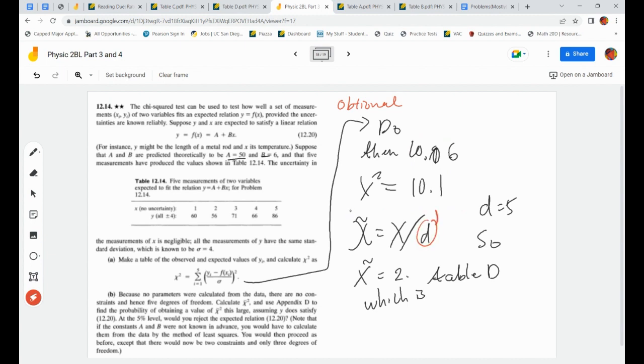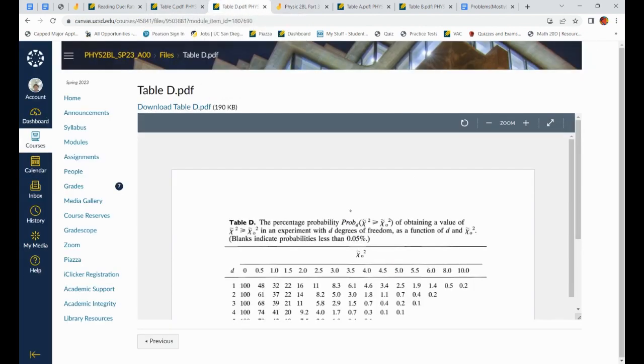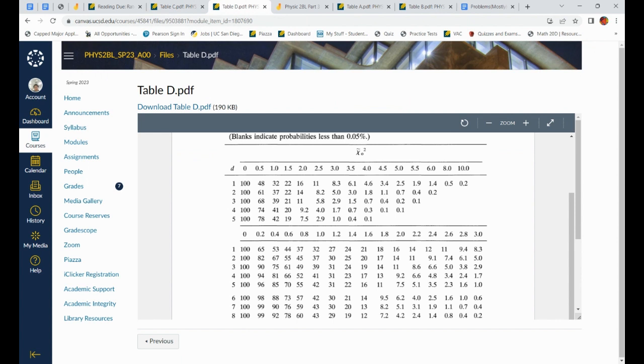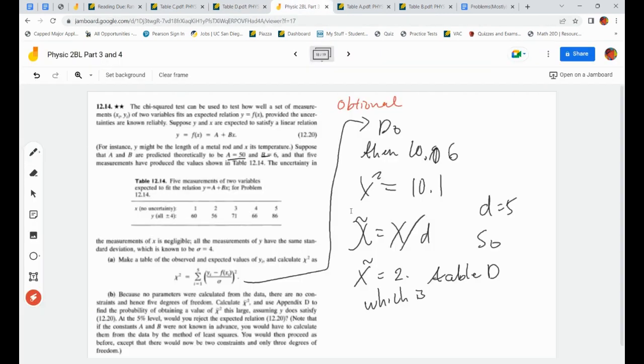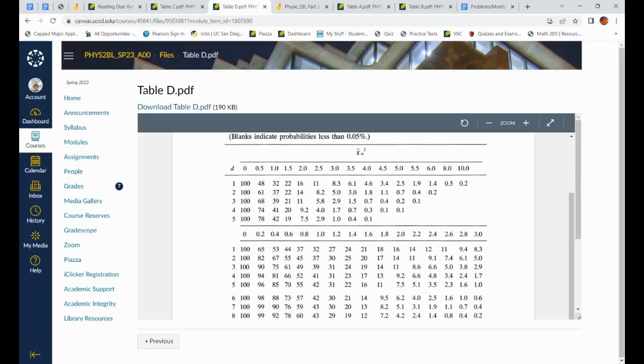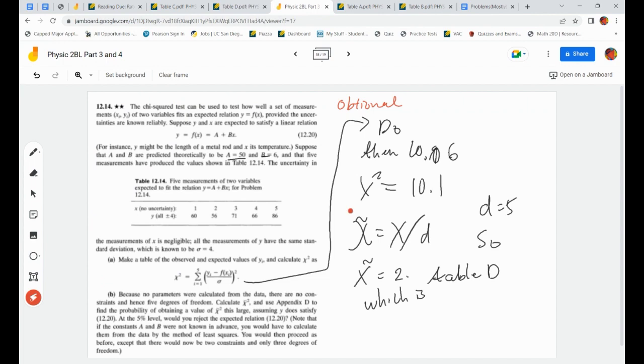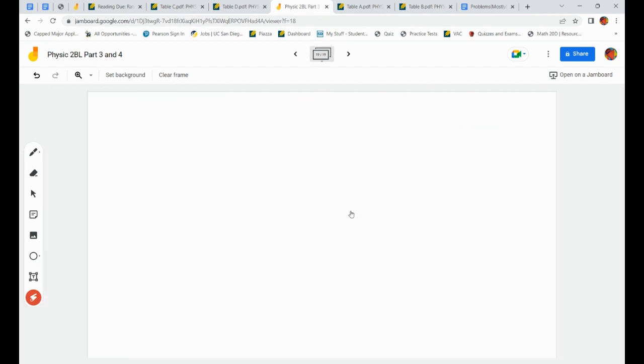And then D is the 5 over here, so divide by 5 equals 2. And then you use, where was it again? It's a D. And you just have to do 2, and then 5, right? The 8, right? Oh, no. What was this again? 5, 2, which, what? Did I reject this?